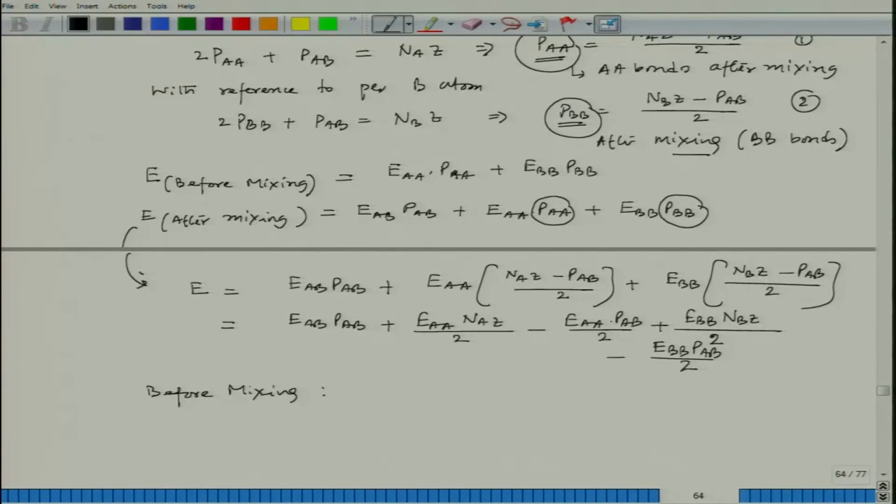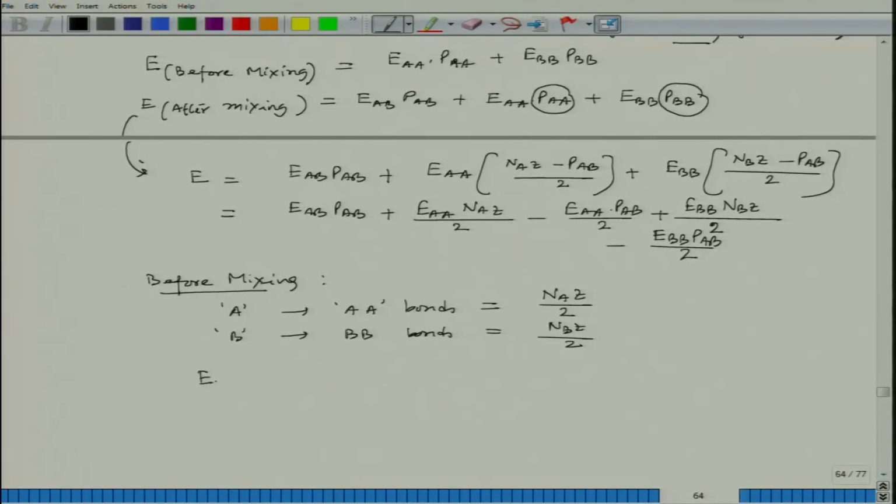it was all AA type or all BB type bonds. So, in case of A, the total number of AA type bonds would be equal to NaZ by 2 before mixing. And in case of B crystal, we have BB bonds only, which is NBZ by 2.